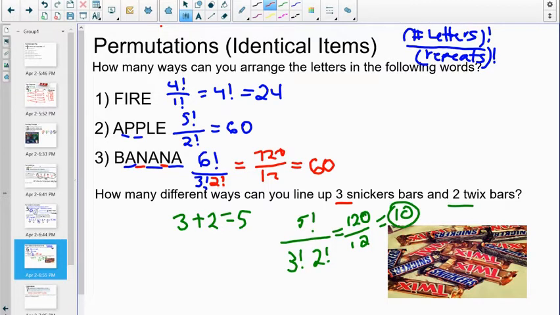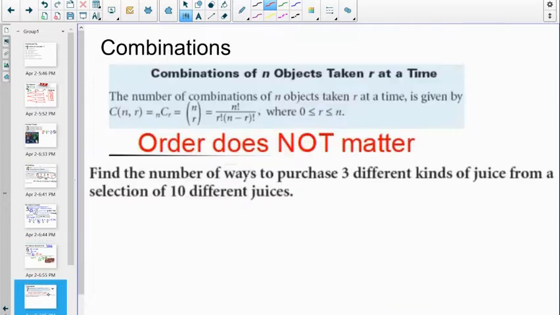Okay, so now with combinations. Remember, with combinations, order does not matter. And what I mean by that is, let's say that we had these 3 different juices: juice 1, juice 2, juice 3. Let's say we had orange juice, strawberry juice, if that's a thing, and lemonade.